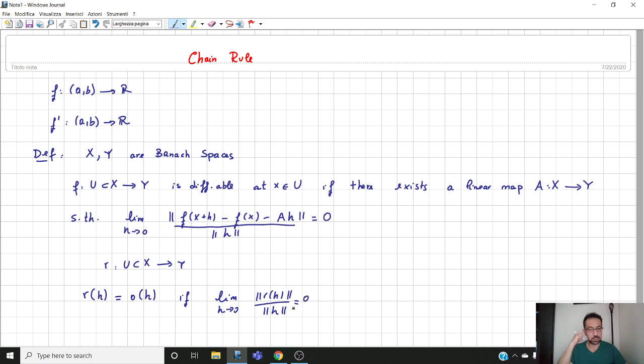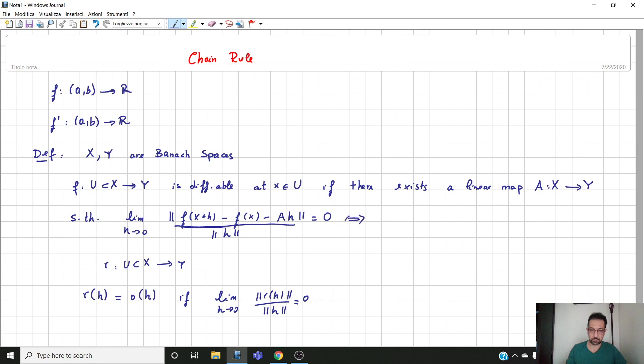So the numerator goes to 0 faster than the denominator as h goes to 0. We can now redefine differentiability using the small o notation.